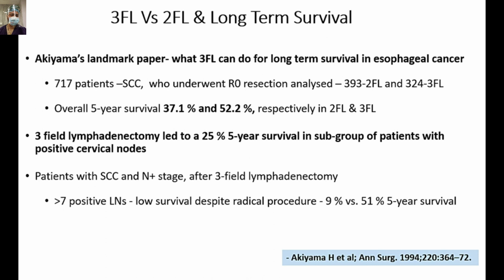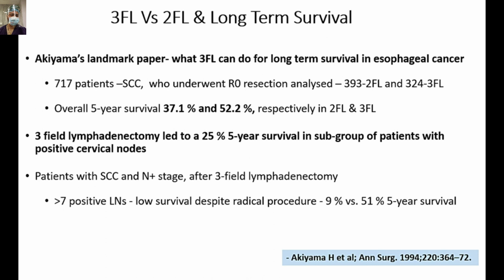The overall 5-year survival was 37.1% versus 52.2% in two-field and three-field respectively. The three-field lymphadenectomy led to 25% 5-year survival in the subgroup of patients with positive cervical nodes.